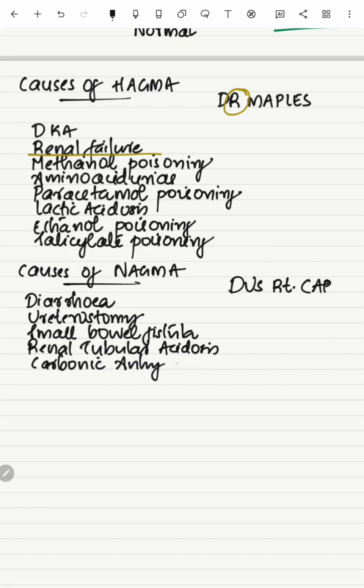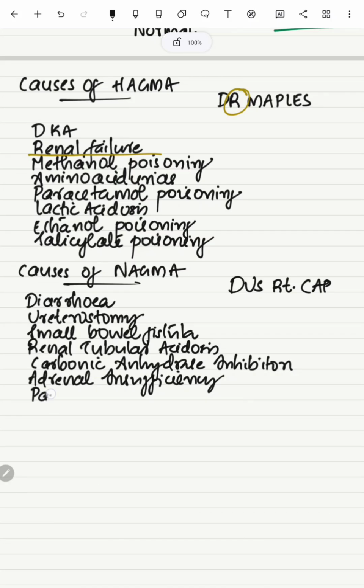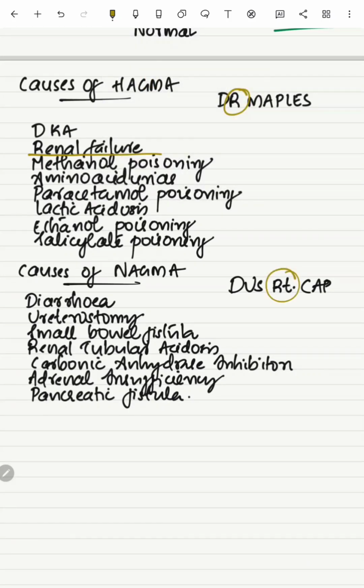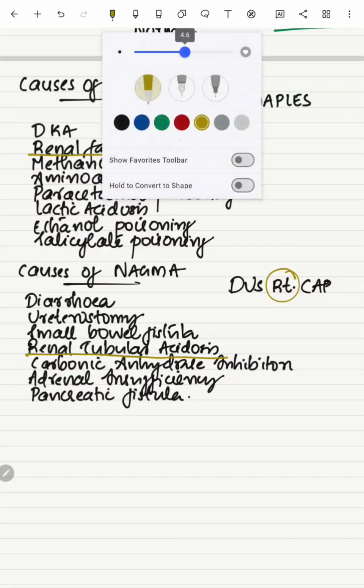A is for adrenal insufficiency. And the final P is for pancreatic fistula. Again, in this case, I just want to highlight renal tubular acidosis. Why? Because here the chloride ions are increased to maintain the normal anion gap.